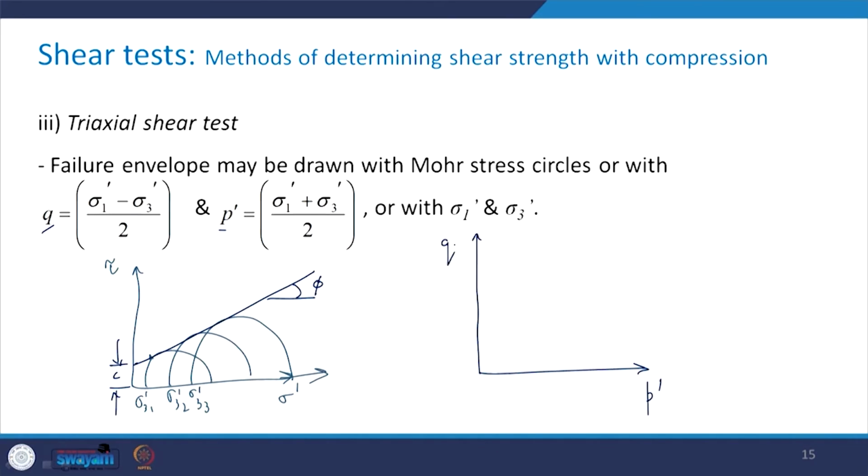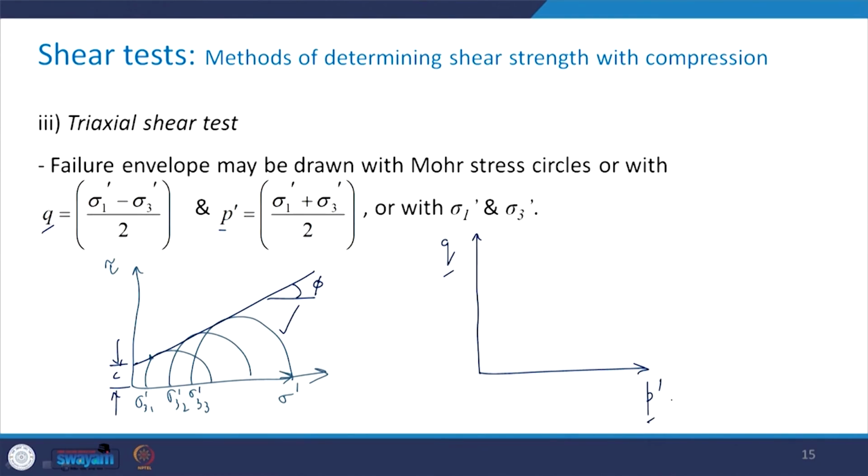So, instead of representing the state of stress with the help of a circle, which is the case when you have the Mohr stress circle, in this case you represent the state of stress by a point in q-p prime space. So, corresponding to each of these you will be getting these points, then you try to fit a straight line here.